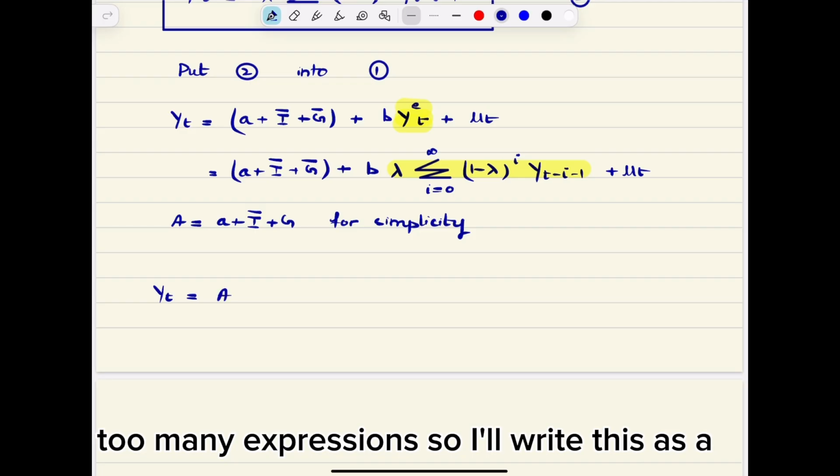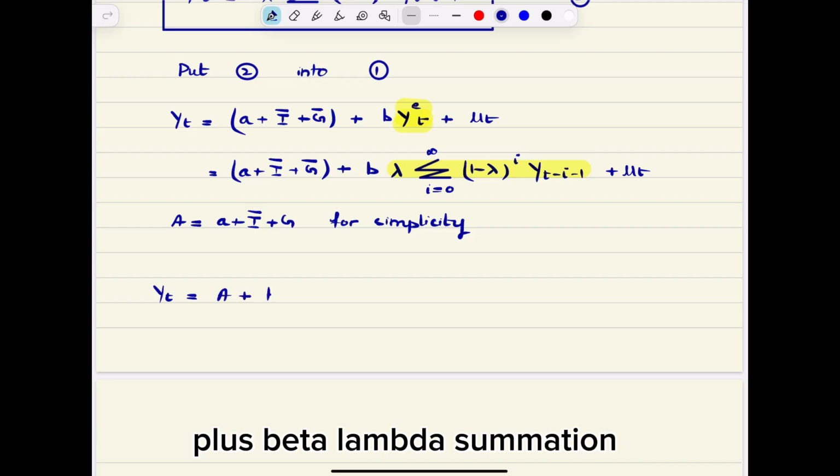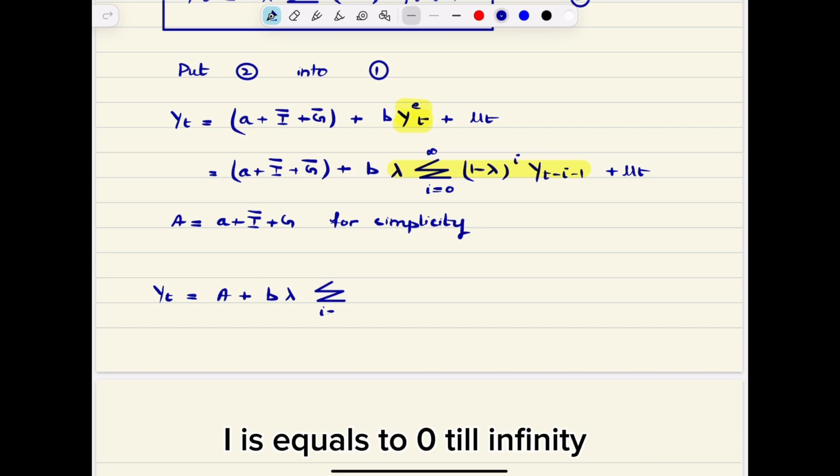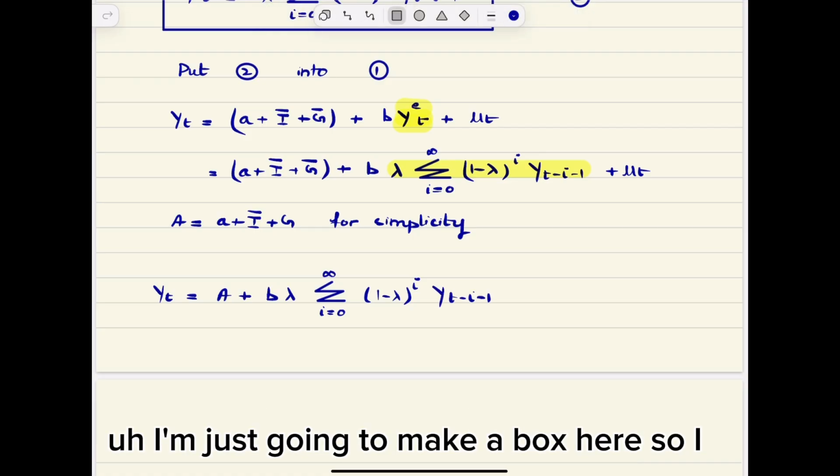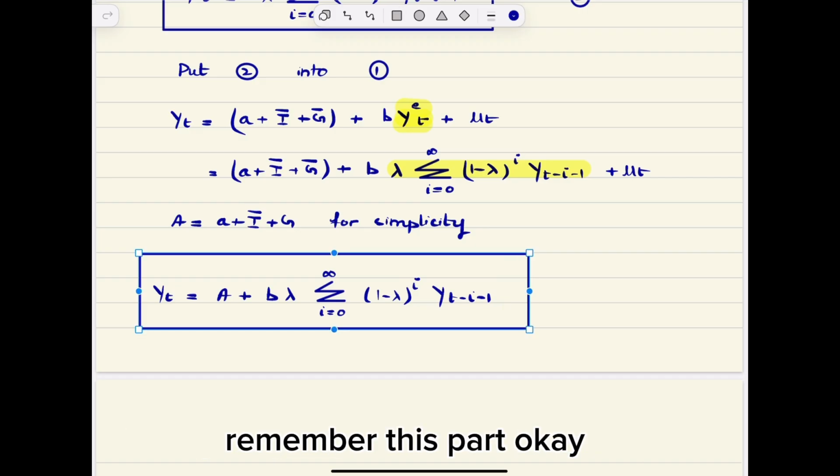So I'll write this as A plus beta lambda summation i equals 0 to infinity (1 minus lambda) to the power i y_{t-i-1}. And I'm just going to make a box here so I remember this part.